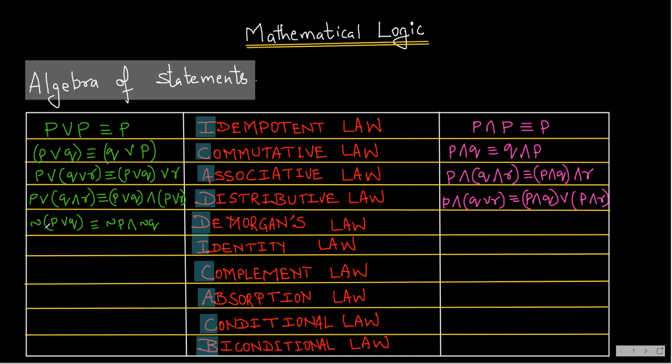I repeat, inside the bracket you have P or Q. You write the negation for both and you change disjunction to conjunction.